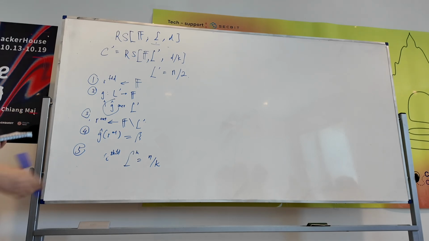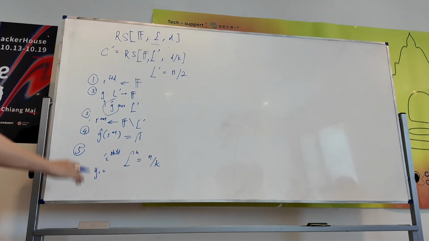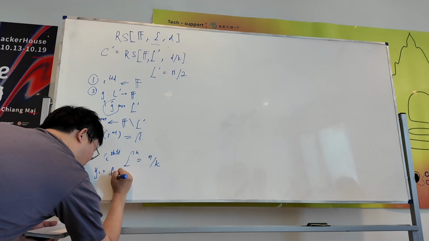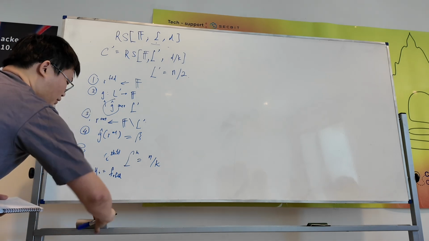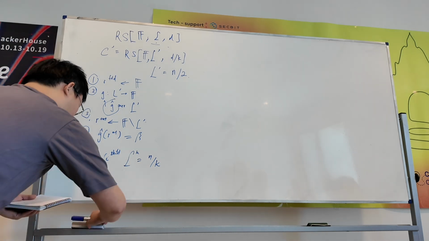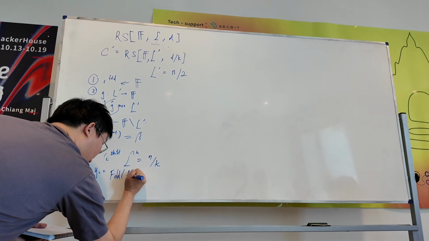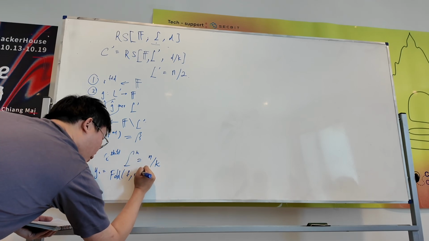So this is sampled, and the prover computes y_i, which is similar to this, but it's the folded function of f with respect to r fold.